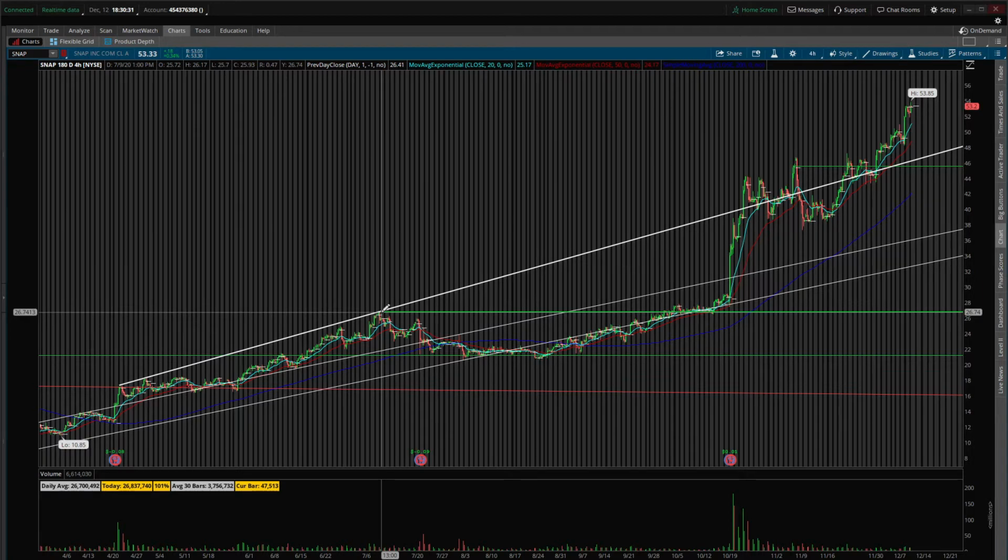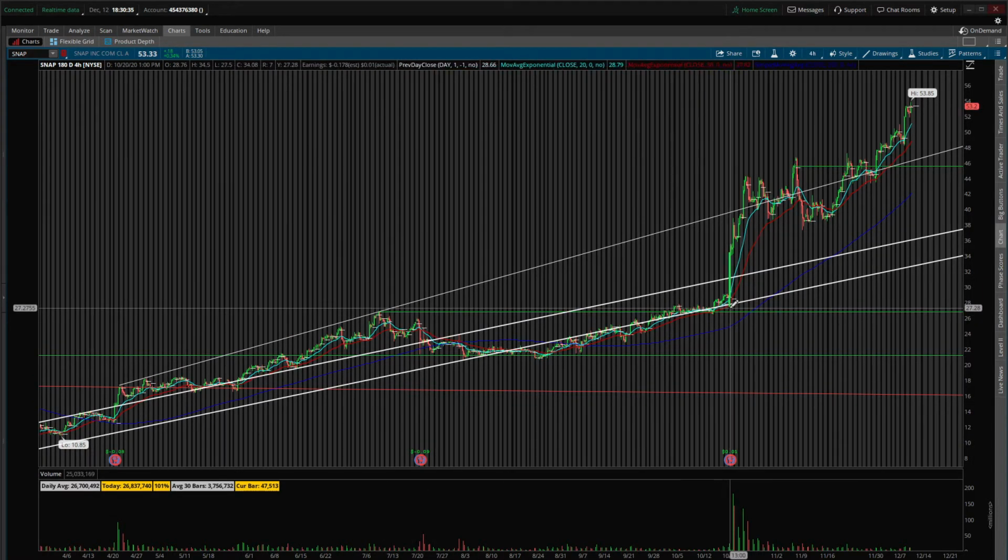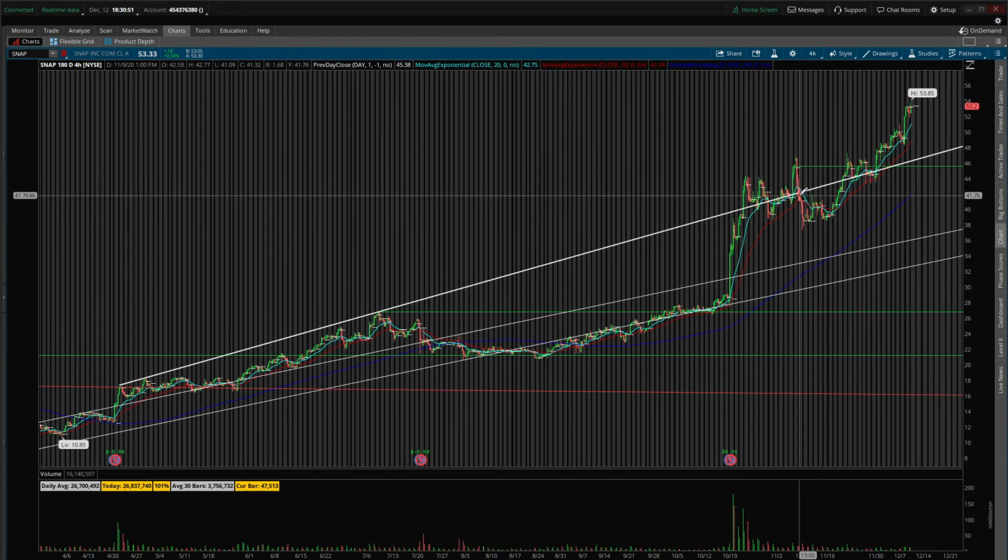July 9th they hit 26.74, and then, as we said, they consolidated for 3 or 4 months before skyrocketing up to new highs. This is a much steeper growth trend that we're out and above right now, and then we have this support line that we established a few weeks ago, November 9th.